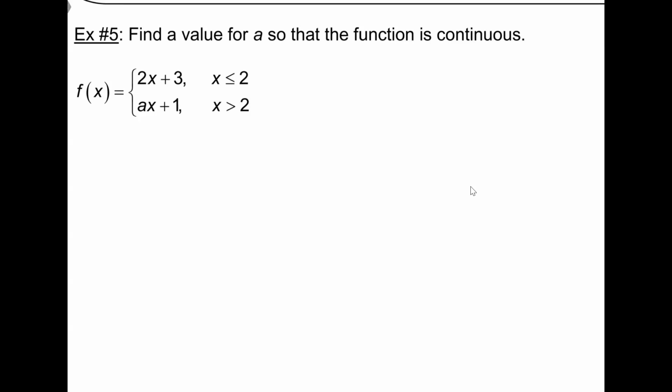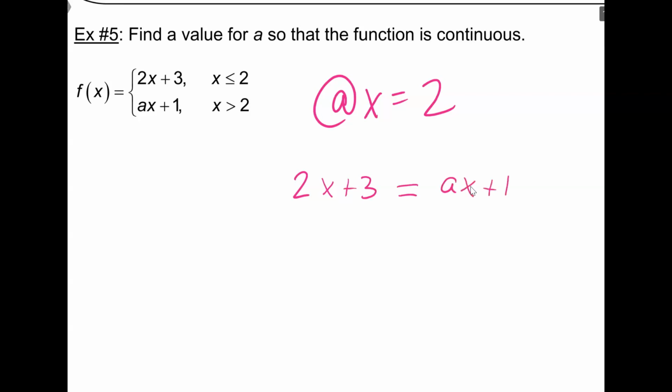Okay. So you would have to plug 2 into the first one, and so you get 7. So I want my 2x plus 3 to have the same value as ax plus 1. So 2 times 2 plus 3 should equal a times 2 plus 1. Because I'm trying to solve for what value of a will make it continuous. And if I have the same y value, it'll make it continuous.